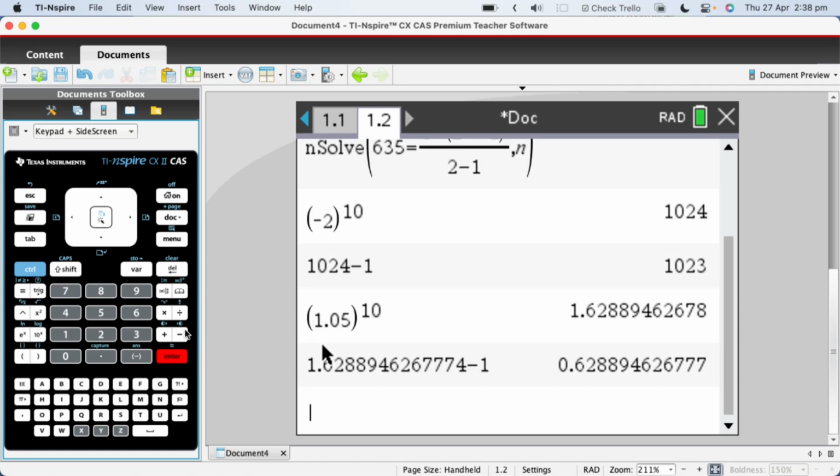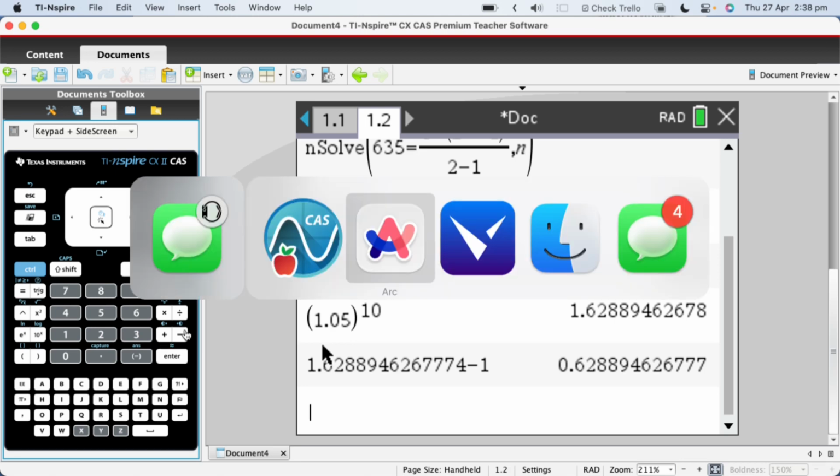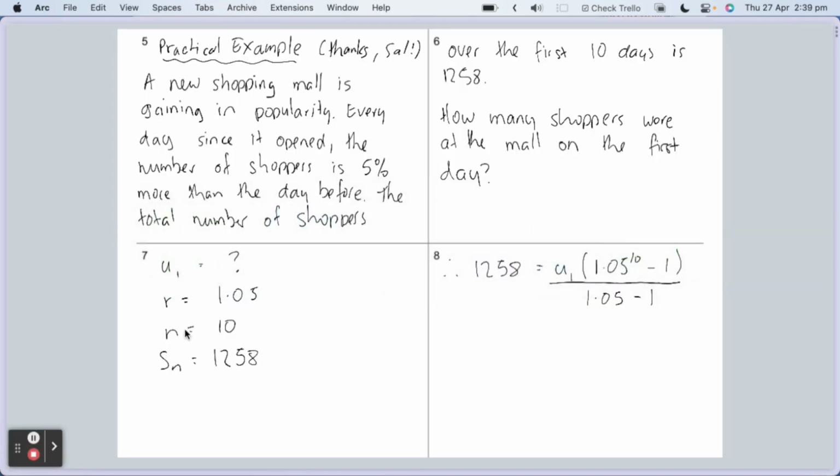I'm going to leave my calculator there because it's got more decimal places, but 0.629 would be the smart thing to write next to U1. So 1258 equals U1 multiplied by 0.629.